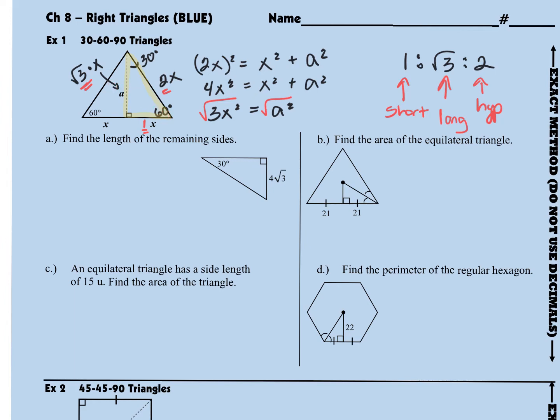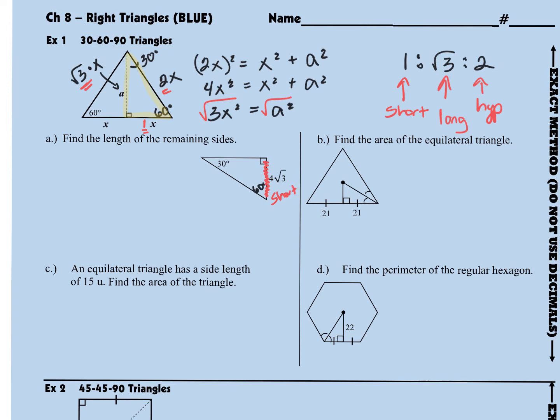Now, what we want to do is apply this. How do we use this little extended ratio to find values in our triangles? We're going to start off with this one right here. We know this triangle is a 30, 60, 90 because there's a 30 and a 90, so the last angle here has to be a 60. Then if we look at the one measure that was given to us, this 4 radical 3, it's across from the 30 degrees, which means the portion of this triangle that we've been given is the short.